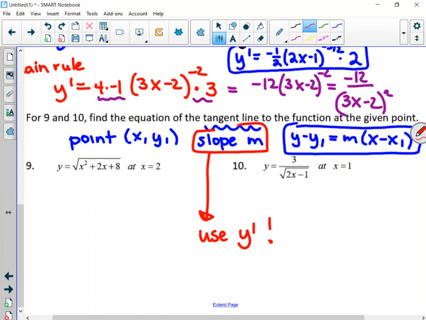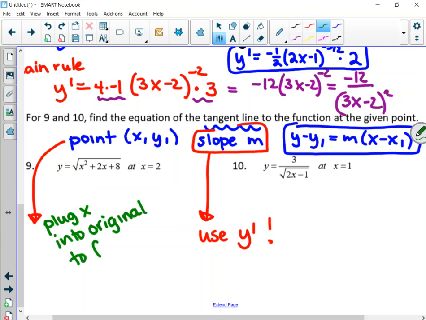We're going to need to write the derivative of each of these to find y prime. And to find the point, we didn't have to do this on the last homework problems, but we have to on here. We have to plug x into the original function to find the y to make the point.